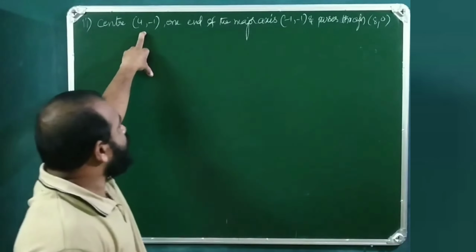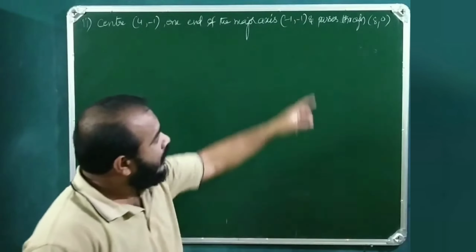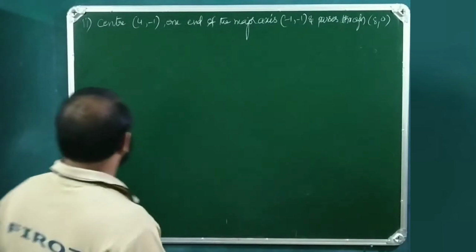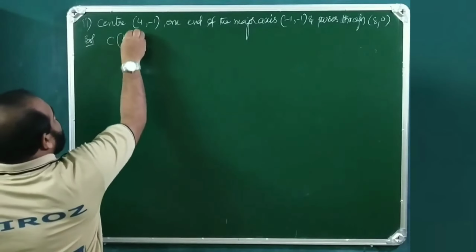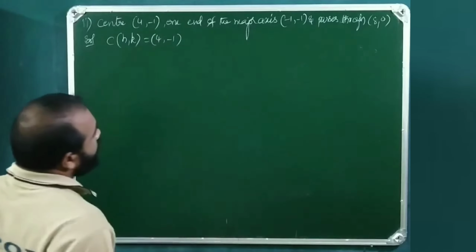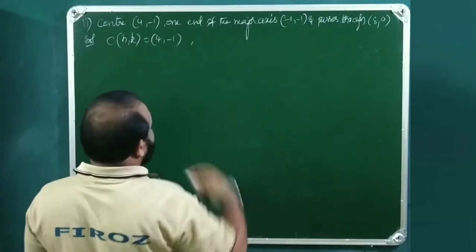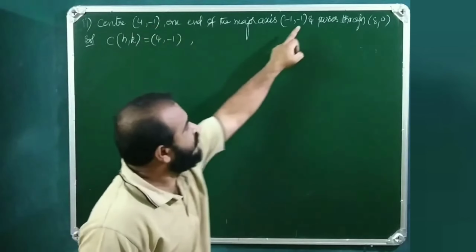Next: center (4, minus 1), one end of the major axis, and passes through (8, 0). So C (h, k) is equal to (4, minus 1), and for the major axis here the y coordinates are equal.